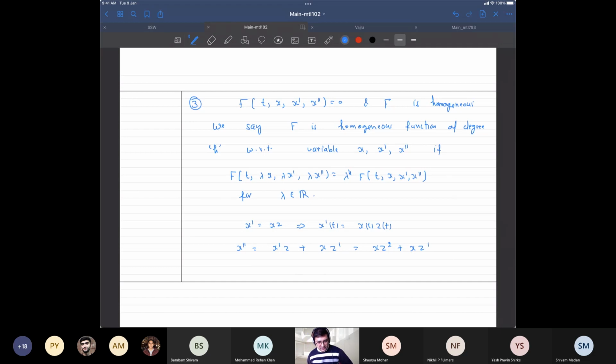Now we can substitute both these expressions in our ODE, and then what you get is f of t, x, xz, xz squared plus xz prime is equal to 0. This is a first order ODE, but assume we can solve this.